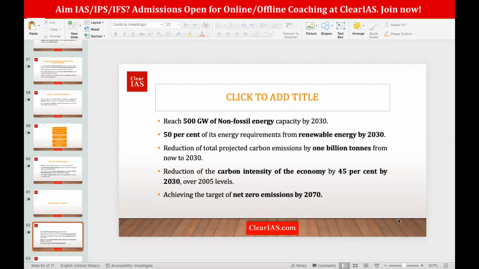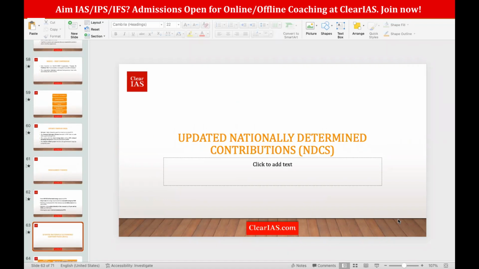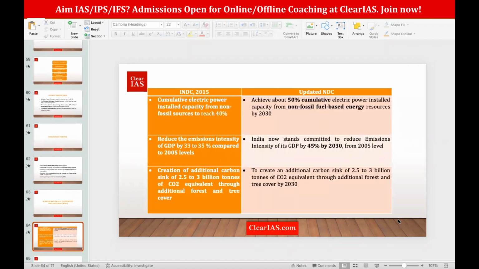And the 2070 target is net zero emission. Accordingly, we updated our NDC with 50% cumulative energy from non-fossil fuel base and emission intensity as per GDP to be reduced by 45% by 2030 from the 2005 level.